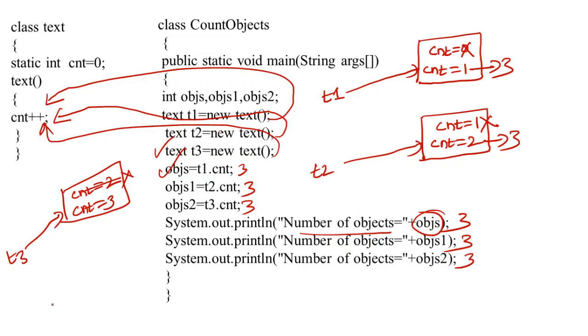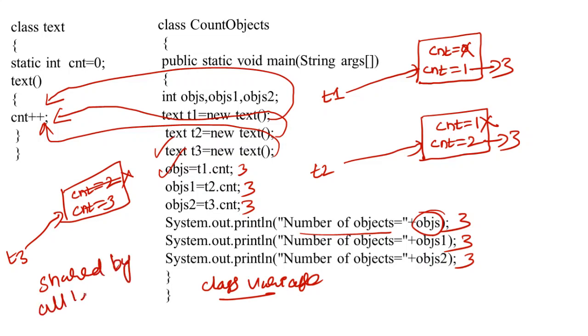Why are you getting all outputs as 3? What is the reason? A static variable is also known as a class variable. A static variable is a variable which can be shared by all the objects of that class.